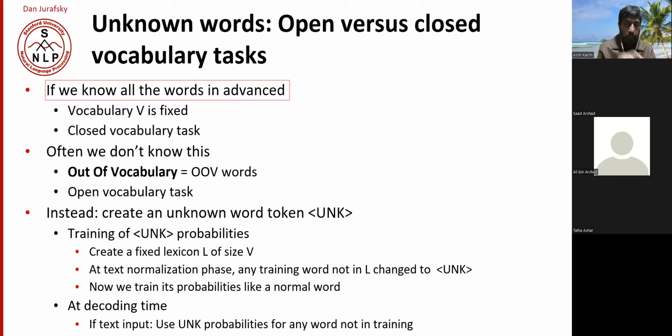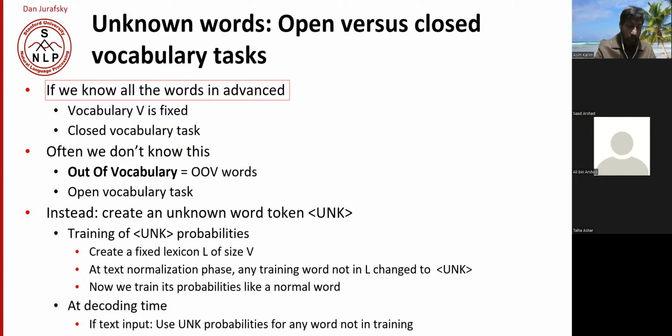Vocabulary, as you know, is a set of unique words or distinct words or types in your corpus. You have trained your model on the training set. But when you go to the test set, you maybe find out that there is some word that was not present in the training set. So that word would then become an out of vocabulary word. It is not seen by your model.